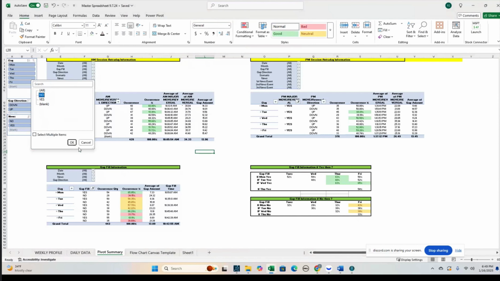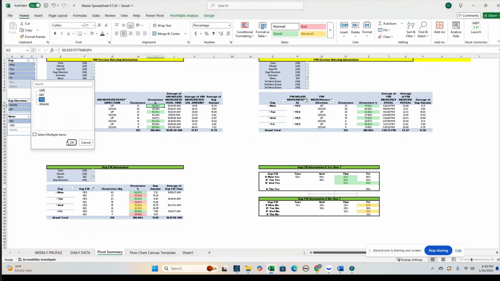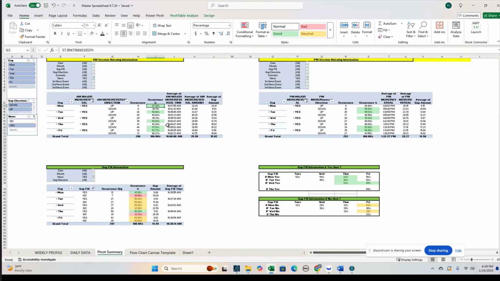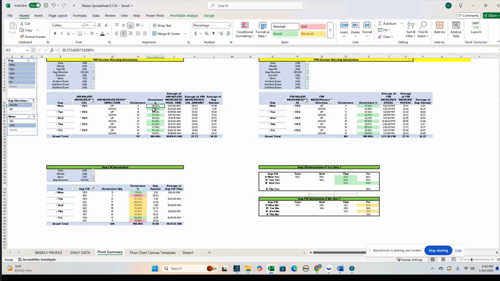Now let's add some news to it. So let's take news out. So in news, still 61%. So if we have news, and let's say we gap up, those are high days for Mondays to move up. Say if we gap down, if we have news on those days, Mondays typically tend to go down.